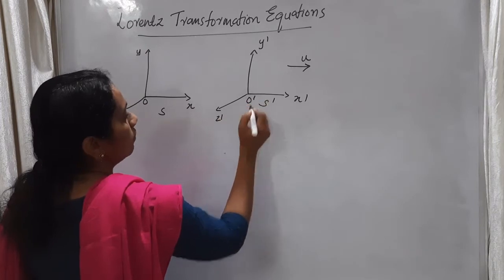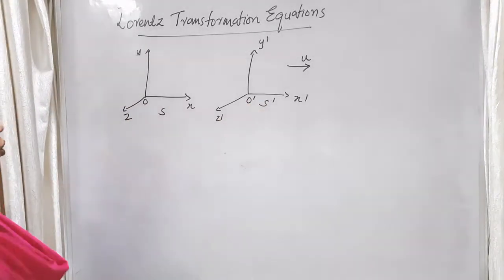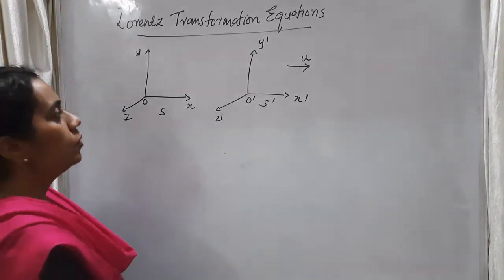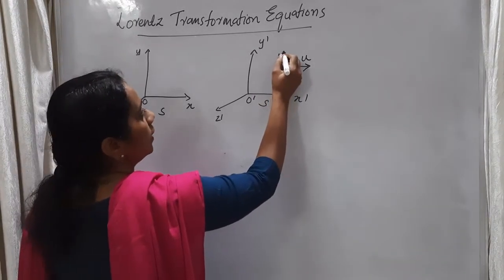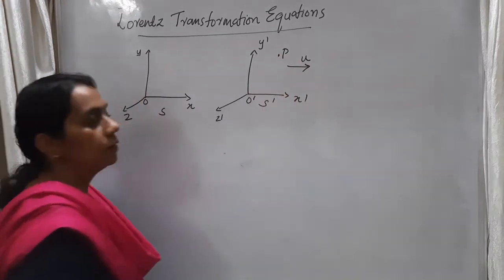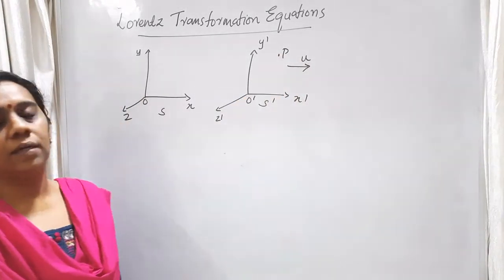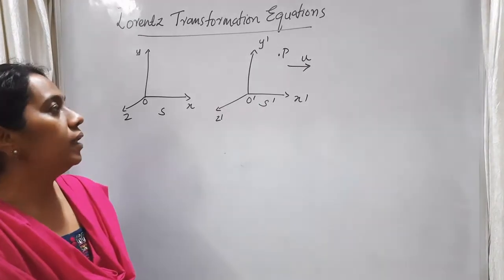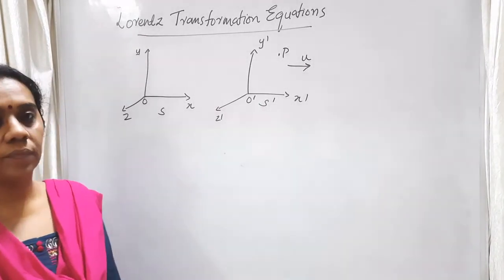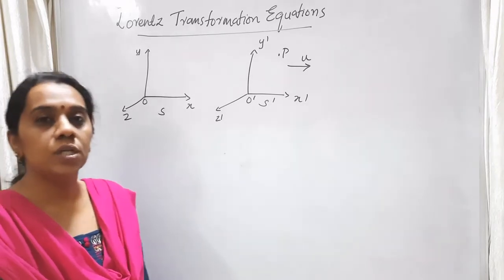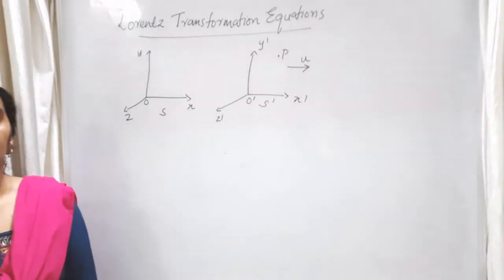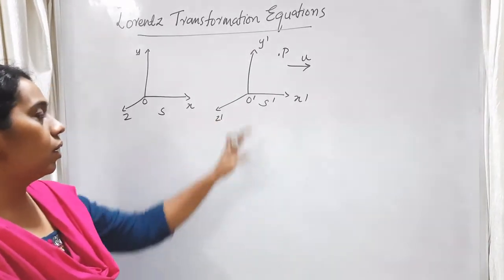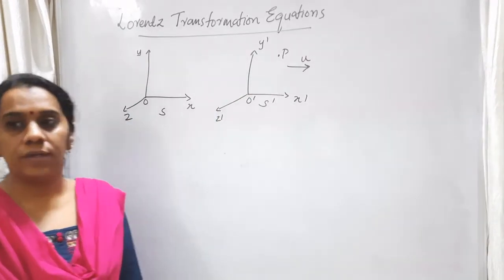So let us mark the origin of the S dash frame as O dash, and of the S frame as O. Now suppose there is a particle or a body moving. Let P be a particle or body which is moving. Let us relate the position coordinates and the time coordinates as observed by these two observers in these two frames of reference.